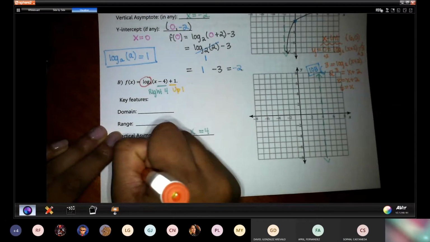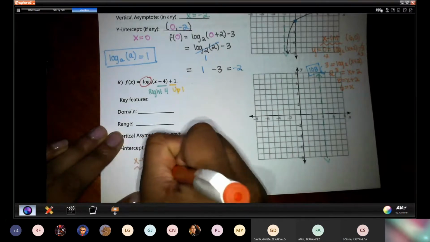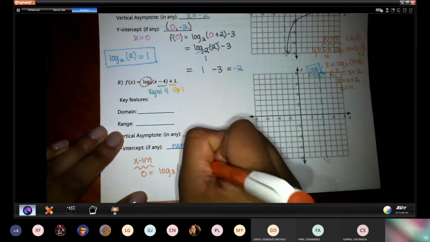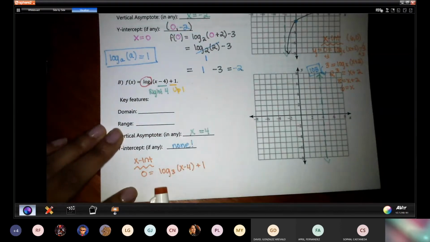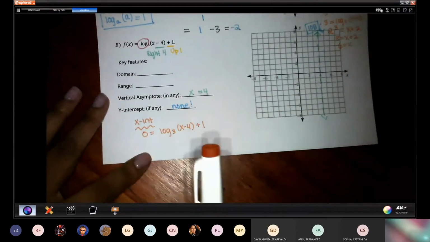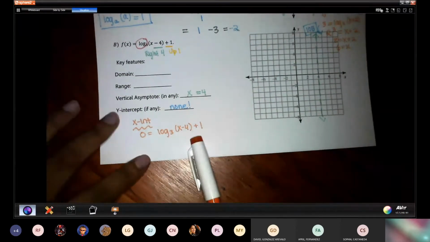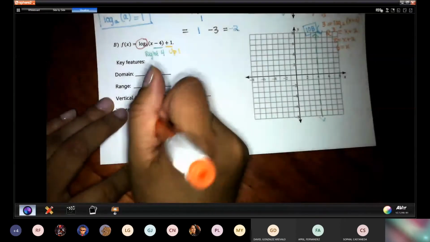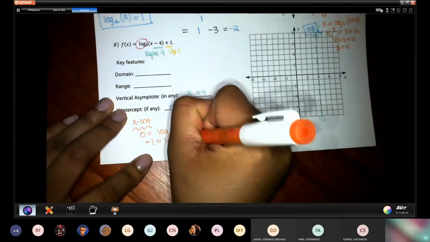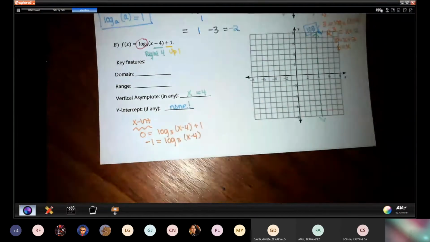So here we're going to do 0 equals log base 3 of (x minus 4) plus 1. We're going to try to get the log by itself, just like before we would try to get the radical by itself. So we subtract 1 on both sides and get -1 equals log base 3 of (x minus 4).